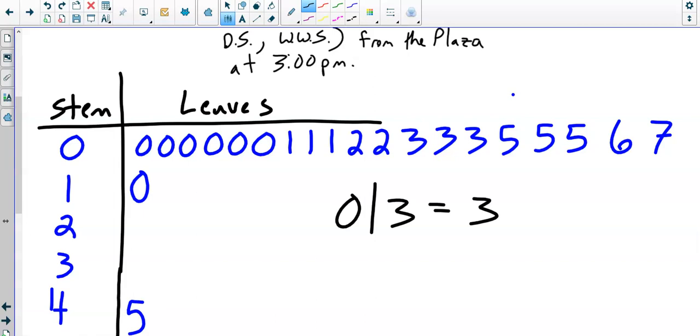And that's the key. That tells us how to read these. So now I know that if I have a 1 / 0, that means 10. If I have a 4 / 5, that means 45. Okay? So that key is very important. It tells us how to interpret the stem and leaf plot.